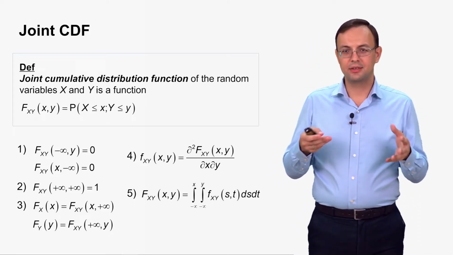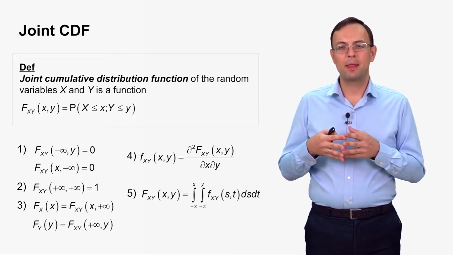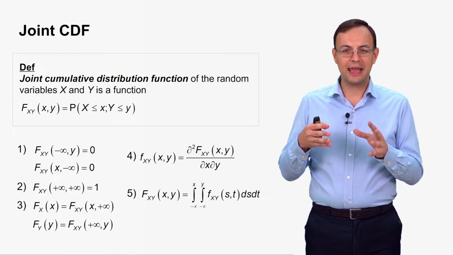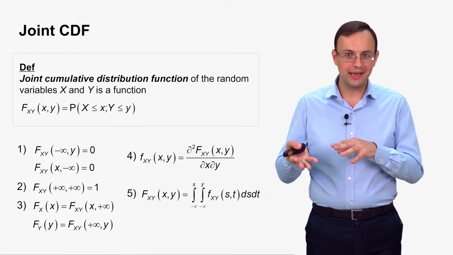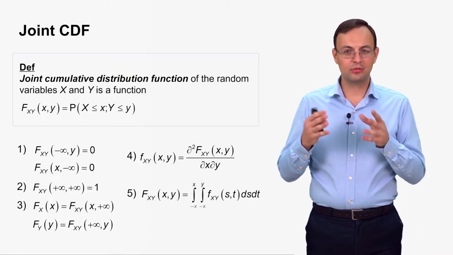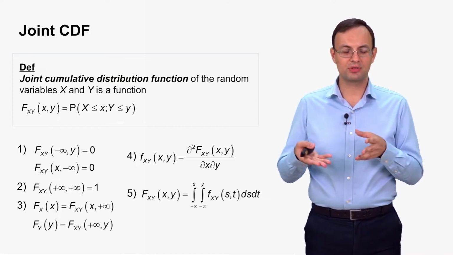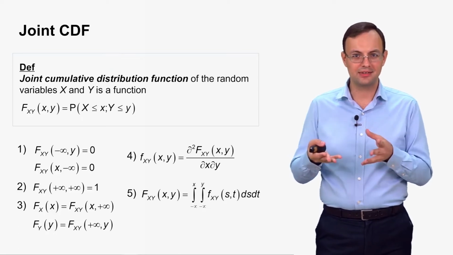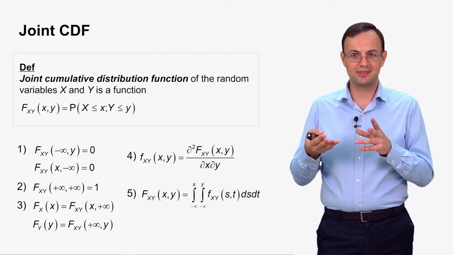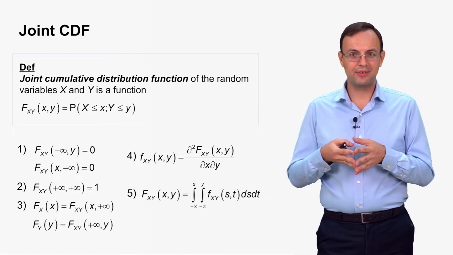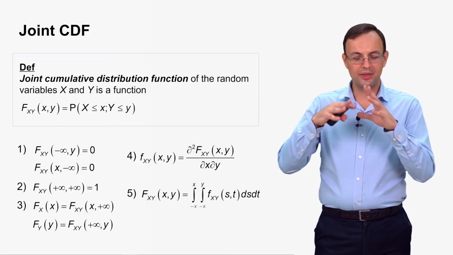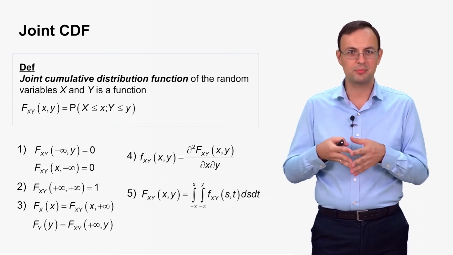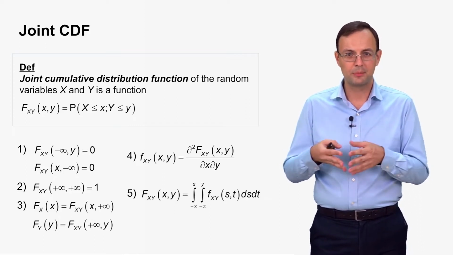When we substitute minus infinity, this is the probability that x or y will take a value less or equal than minus infinity. That is impossible. And no matter what the value of the other variable is, as one of the two events is an impossible event, the intersection of an impossible event with any other is also an impossible event, and so the probability is 0.